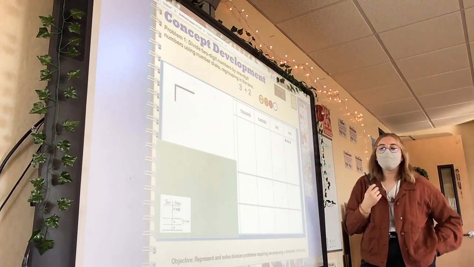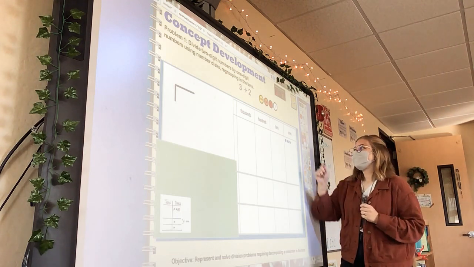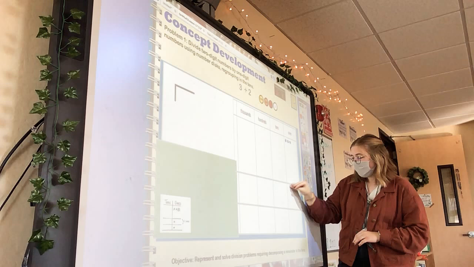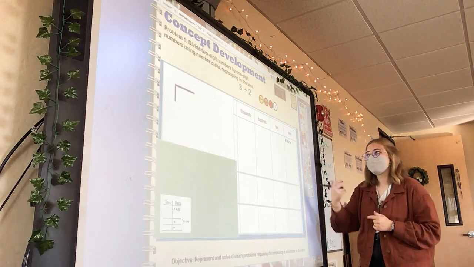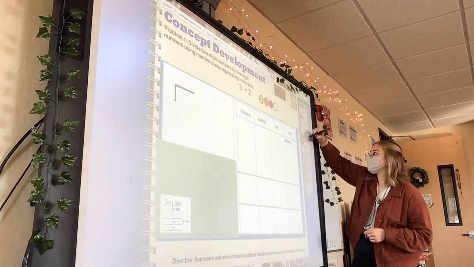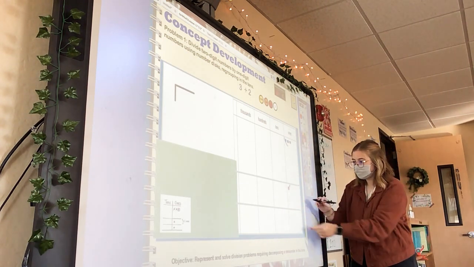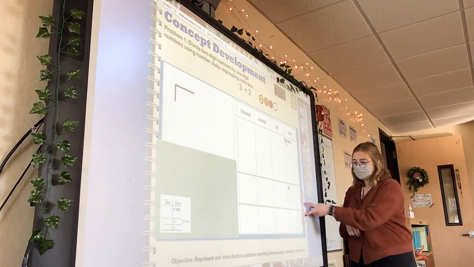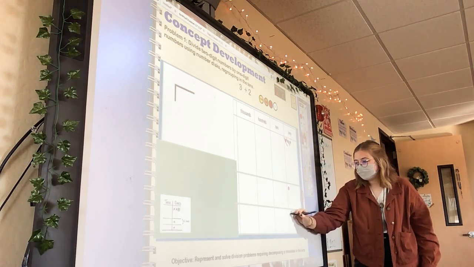Divided by 2. So remember, there's 2 ways that we can do it, right? We can circle groups of 2 until we run out, or we can put 1 in each group until I run out. So for right now, I'll just show you putting 1 in each group. So I cross 1 out, I put it in 1 group. Here are my 2 groups, so 1, 2. So I cross 1 out, put it in 1 group, cross this 1 out, put it in the other group.